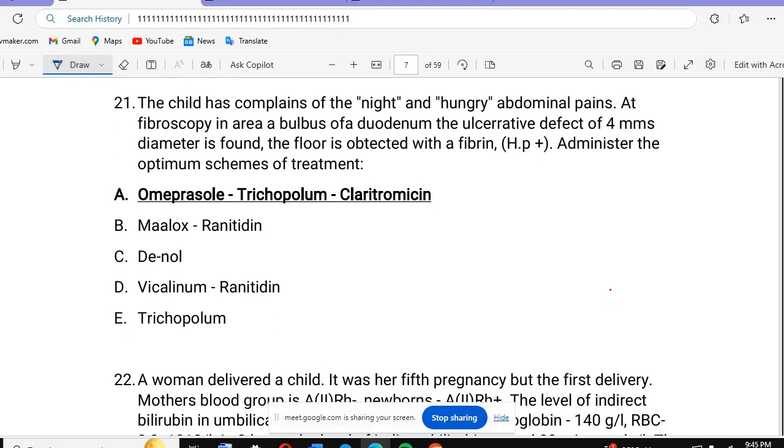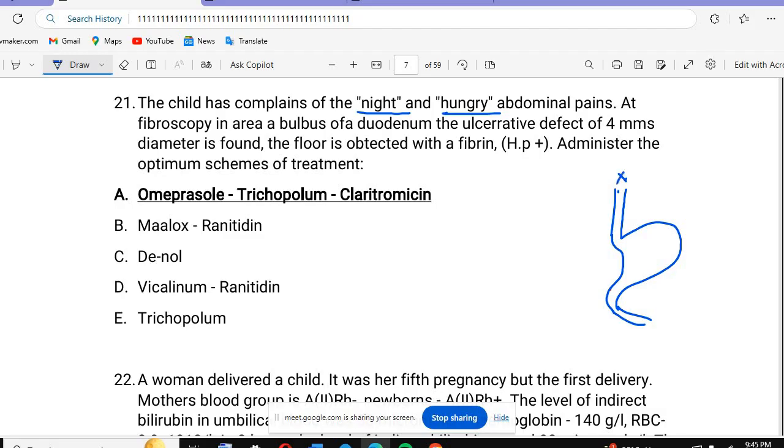Then the child complains of night and hungry abdominal pain. Hungry pain means pain when hungry. This is my esophagus, this is my stomach, and this is my duodenum. If I'm eating food, my food is going here.